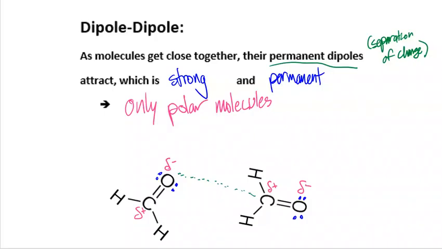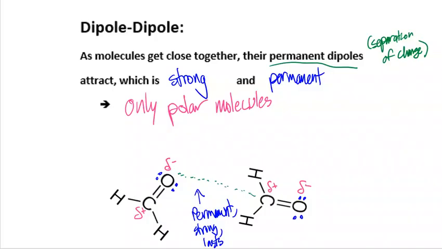So this is an attraction that's permanent, that's strong, and that lasts. Okay, so permanent, strong, and lasts. And again, it's permanent because these electrons are permanently more congregated around the oxygen than they are around the carbon. So that's what I mean when I say that it's permanent.